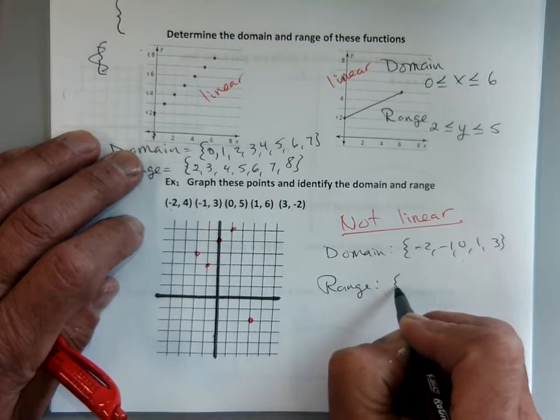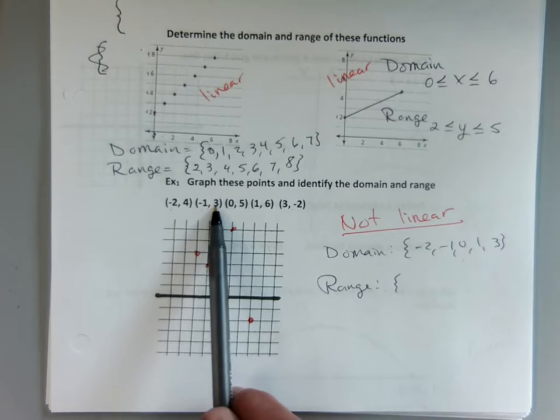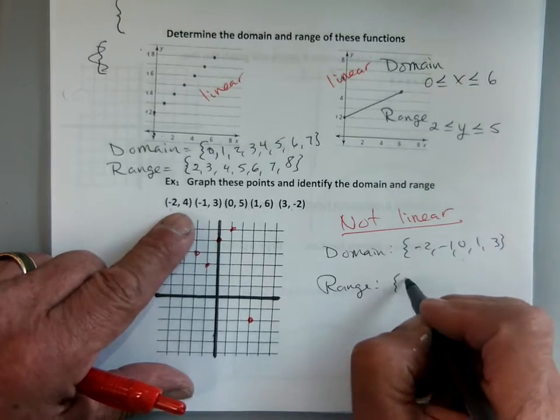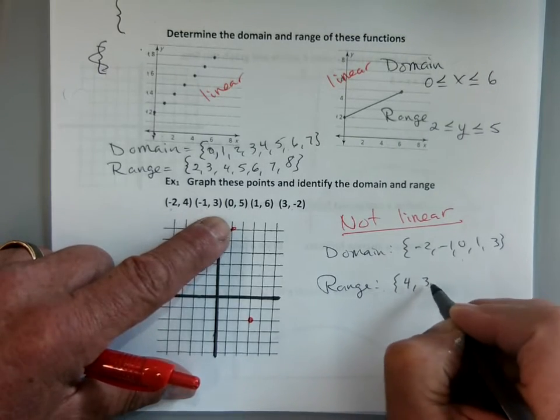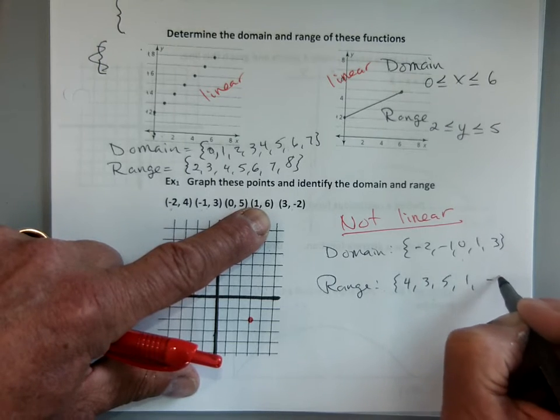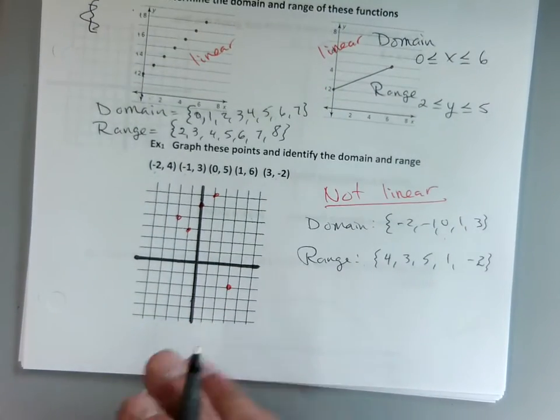And the range is all the y values. Well, that's my 4, my 3, my 5, my 6, and my -2, okay? It does not have to be in order, but it's better if it is.